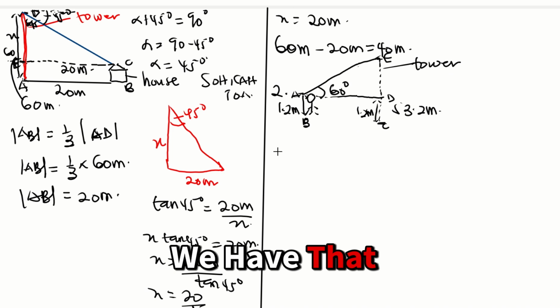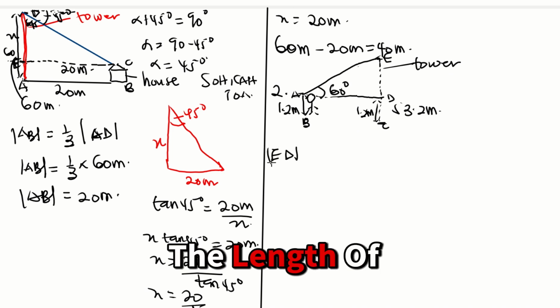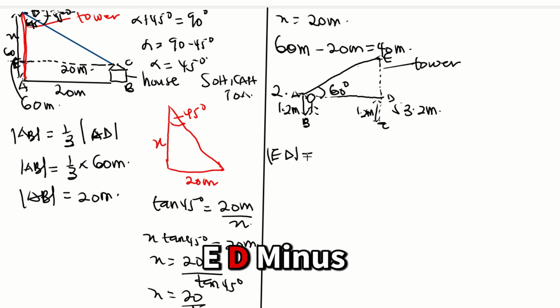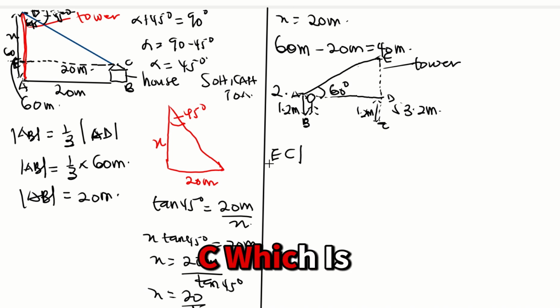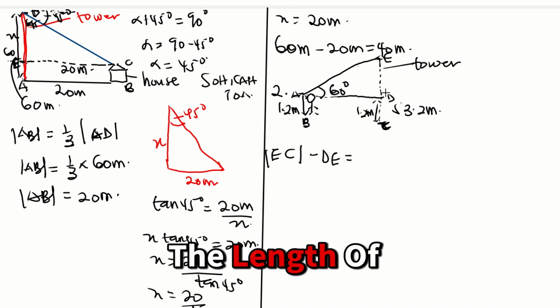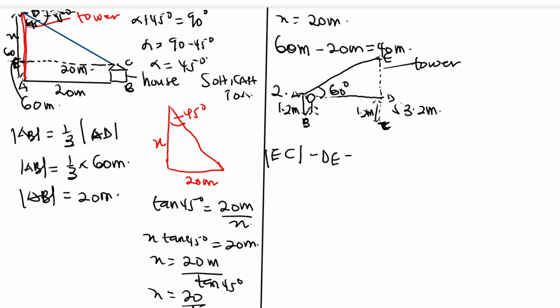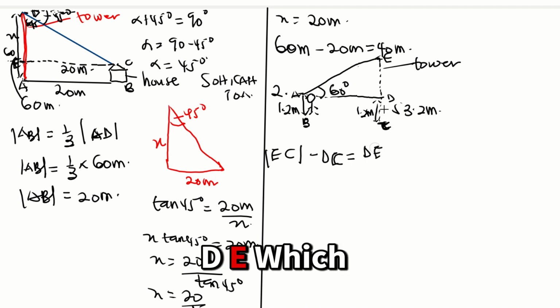We have that the length of EC, which is here to here, minus the length of DE, this should be equal to the length of DC, which is here.